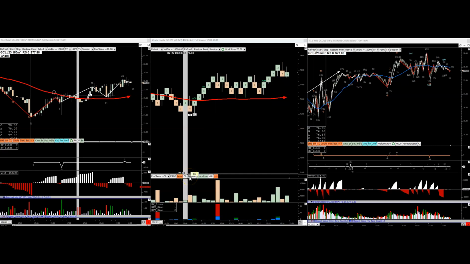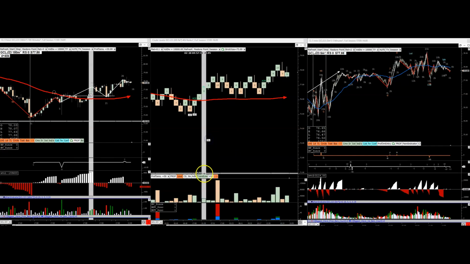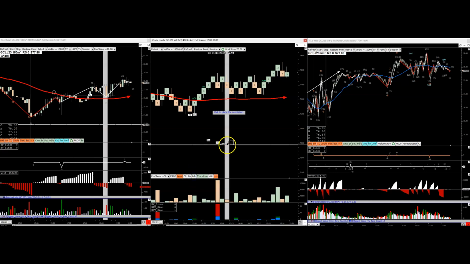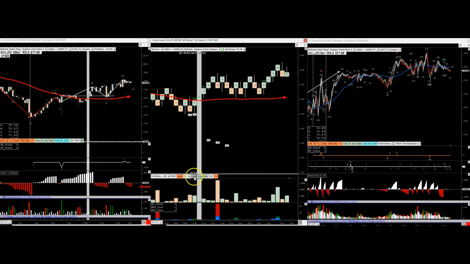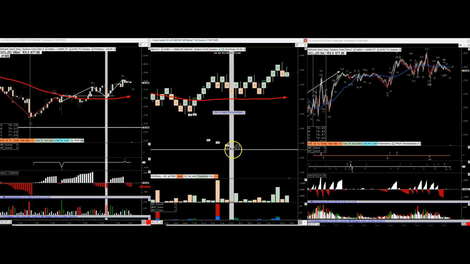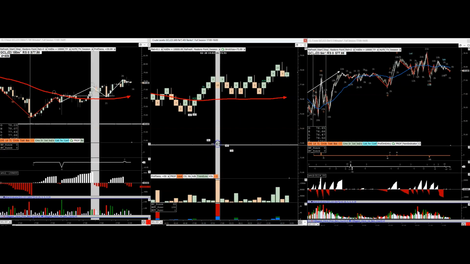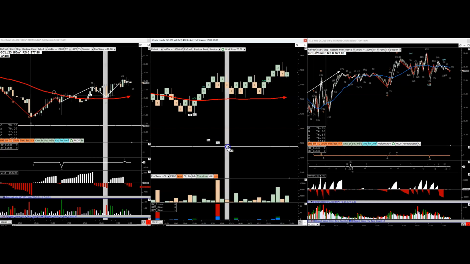But all you need to understand is the breakout brick, the accumulation brick, the distribution brick, and the climax. Why? Because breakout bricks get tested, accumulation bricks get tested, distribution bricks get tested. Why is it important?